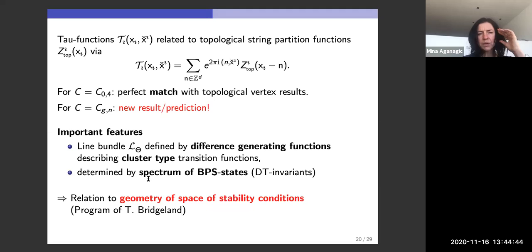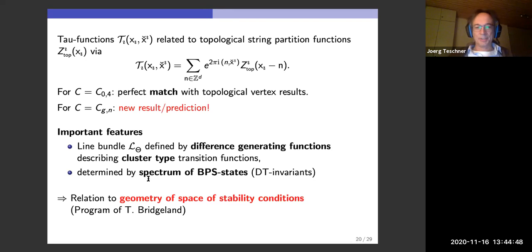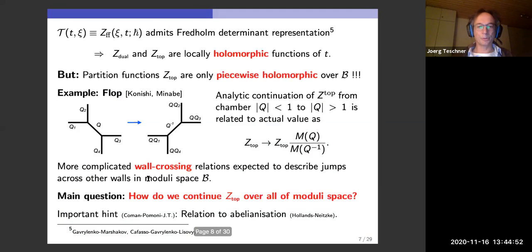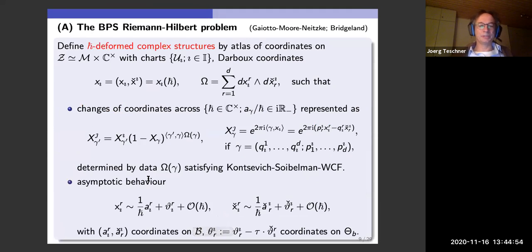When you say it's determined by the spectrum of BPS-states, what does this mean? Yes, I was stressing that the coordinates are determining everything. Now, the coordinates, and in particular the changes of coordinates.